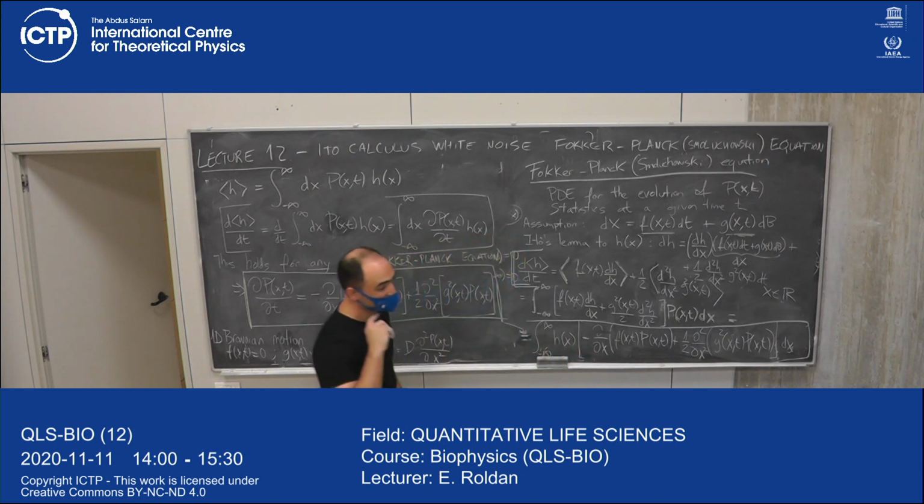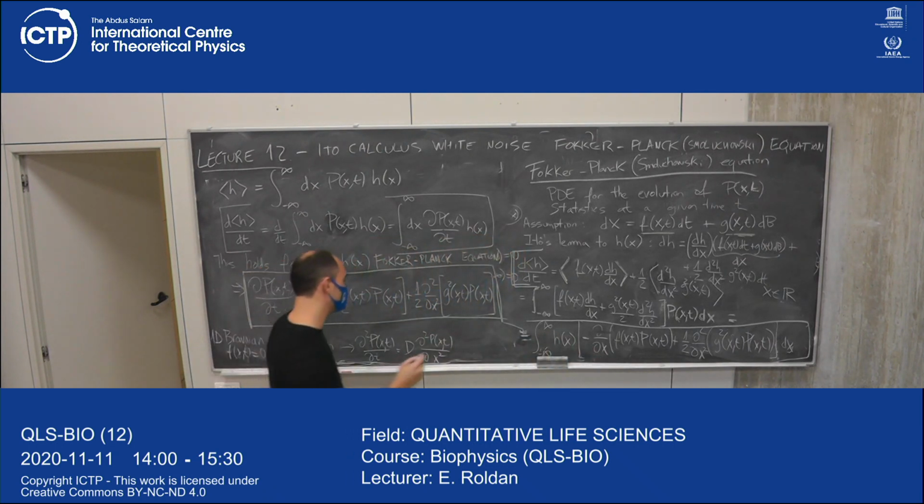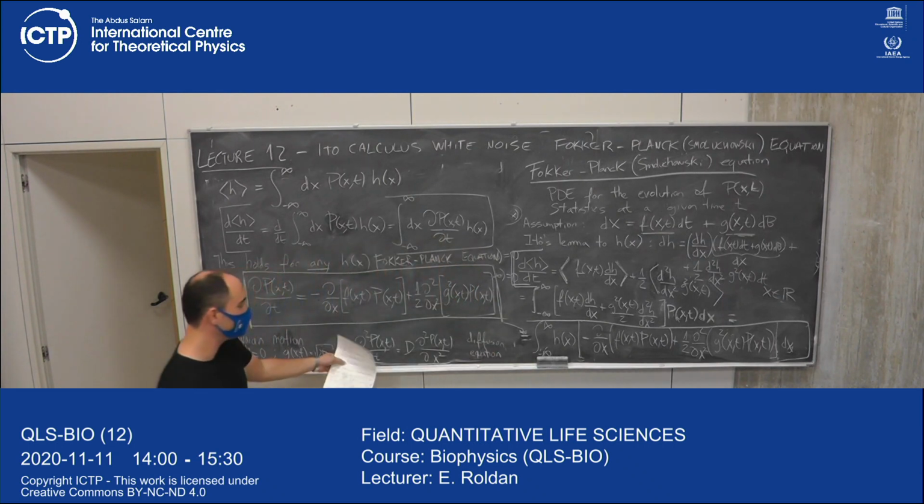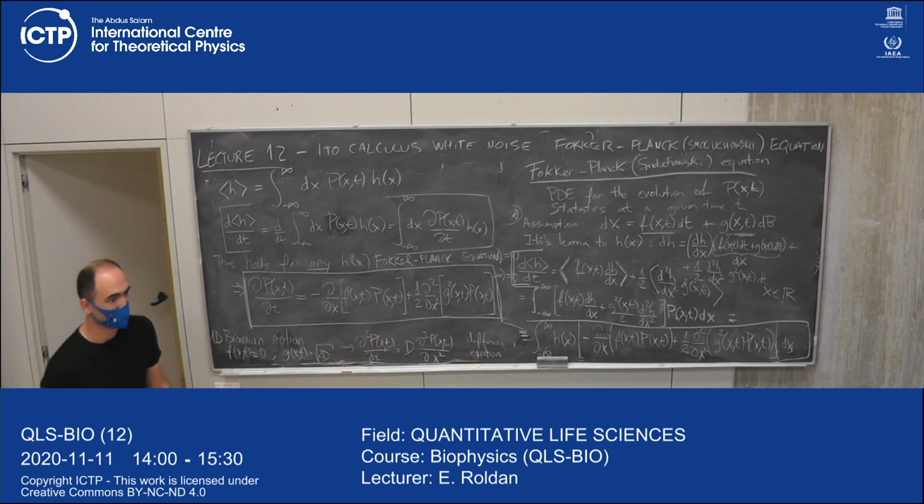I showed you this some lectures ago. This is called the diffusion equation. If you solve this, you get a Gaussian distribution, which is nice.